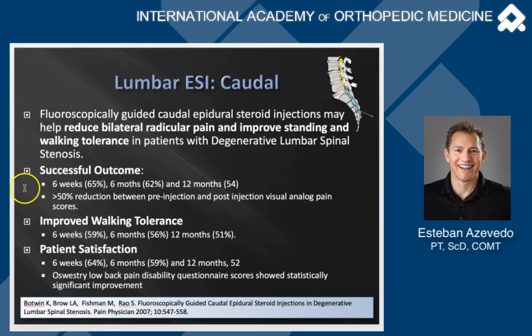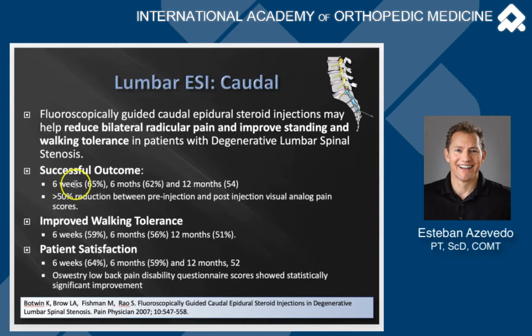And here's one study back in 2007 showing that people with stenosis get help with bilateral radicular pain, so both legs, and improve their standing and walking tolerance. So remember earlier I said, often with lumbar stenosis, people have leg pain with standing and walking.